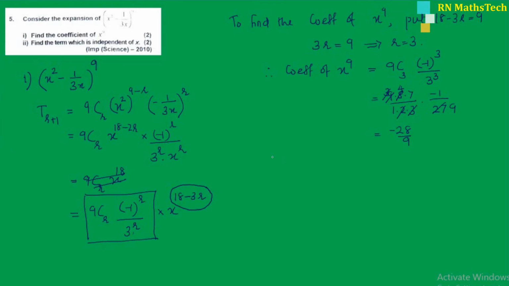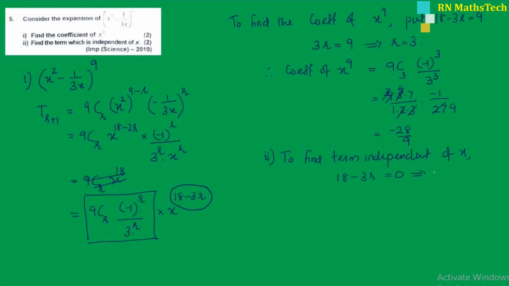Now to find the term independent of x, put 18 − 3r = 0.